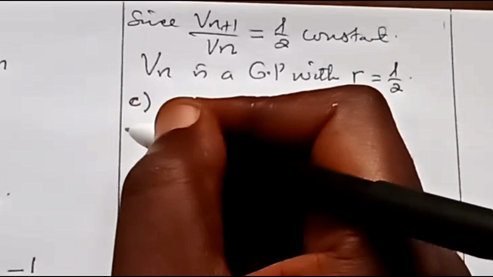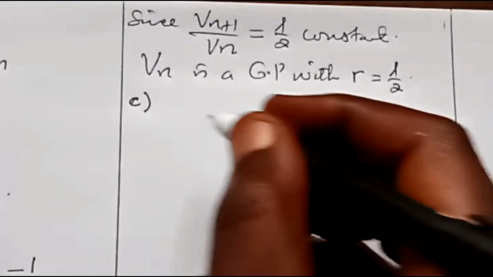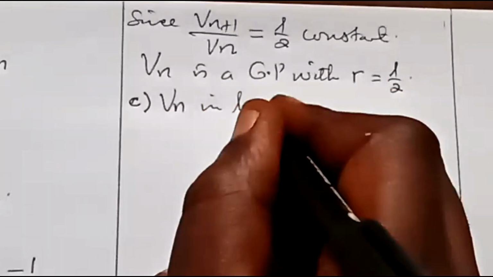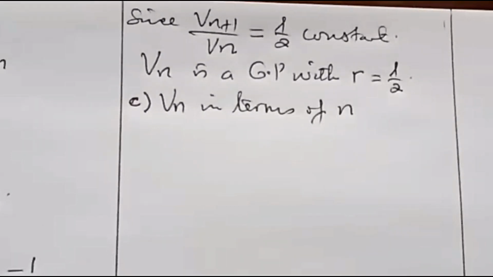In the C part, we are then asked to express Vn in terms of n and hence evaluate the limit. So Vn in terms of n. Once you are asked to express a sequence in terms of n, it usually, most of the time, is in the case where you have established that it is either a GP or an AP.